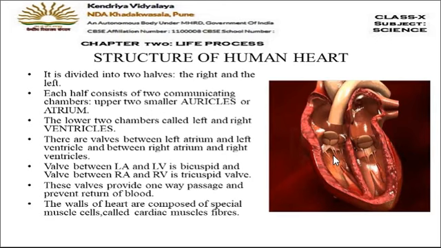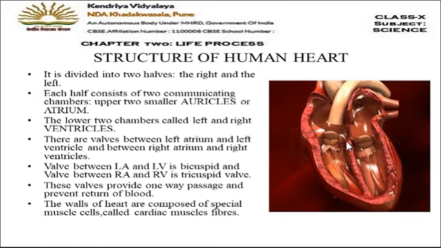Now in between the left atrium and left ventricle there is a valve present. You can see here in the diagram this valve has two halves, so the name of this valve is bicuspid valve.